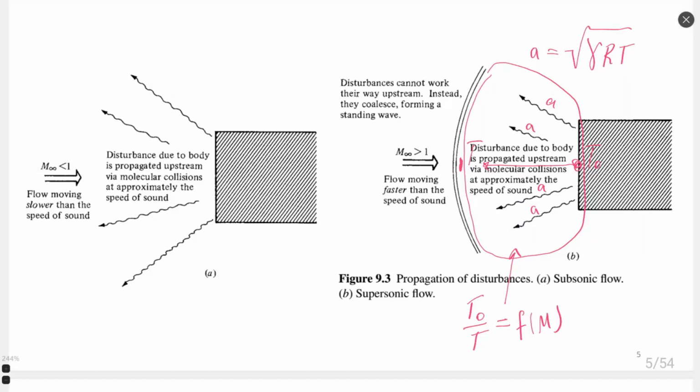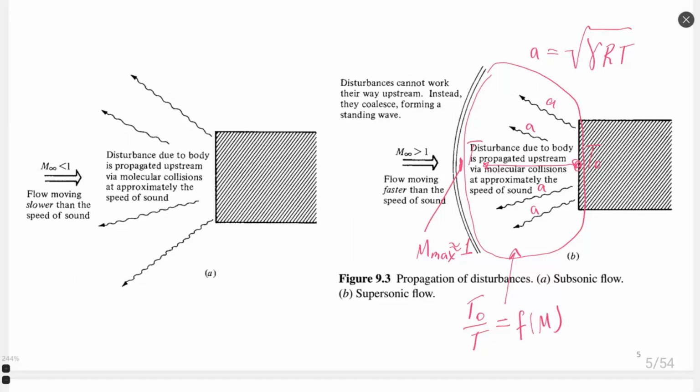For the weakest shock wave, it's a Mach number close to 1. Okay, this maximum possible Mach number in case of a bow shock wave is close to 1, or approximately 1.